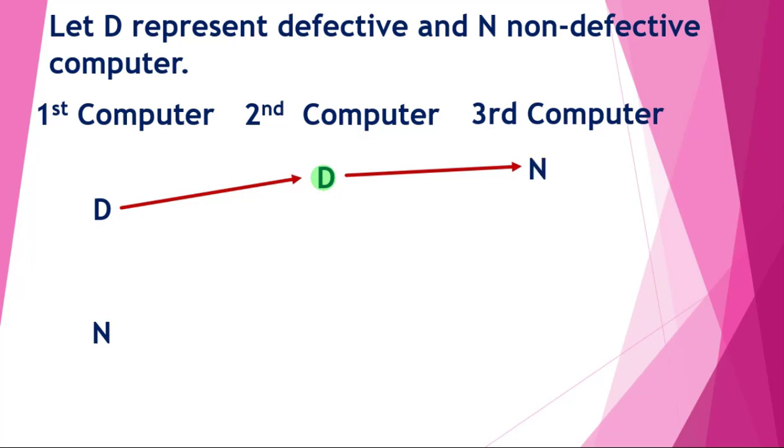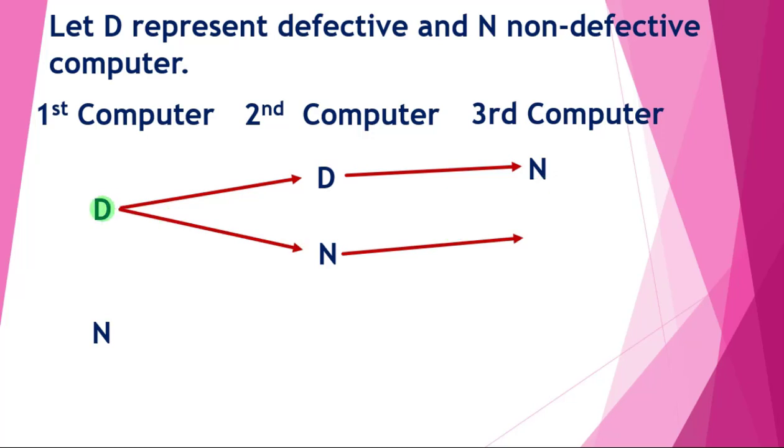So we cannot have the D on the third computer because we only have 2 slightly defective computers. So the possibility for the third computer is to be non-defective. So there is no D here.